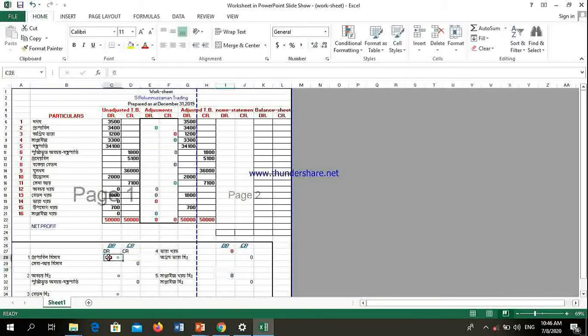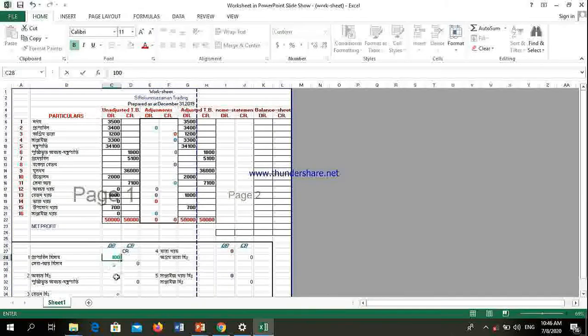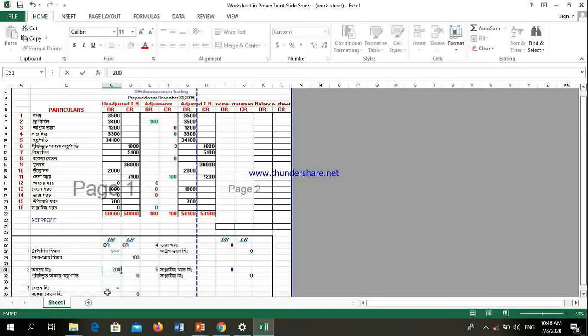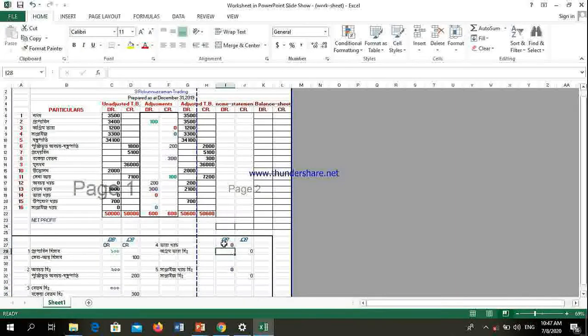So again, as we have already put the figures, 100 in number 1, 200 in case of number 2 adjustment, then adjustment is 300. Number 4, how much there?